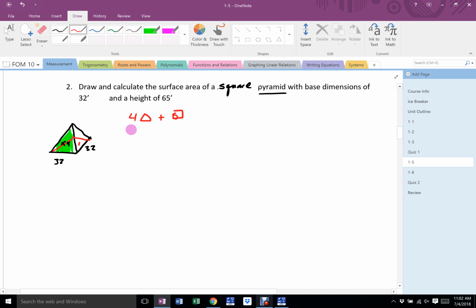Well, if you look on your sheet, triangles are base times height divided by 2, and there's 4 of them. What happens to that 4 and that 2? I know you all have done enough math to know what happens to that 4 and that 2. What happens to it if it looks like that?